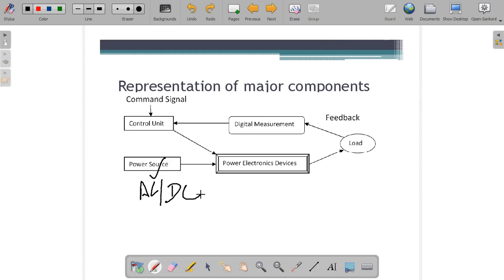The output of a power electronic system may be variable AC or DC voltage, or variable voltage and frequency. Thus the power needs to be processed with the help of power electronics devices between the source and the load.